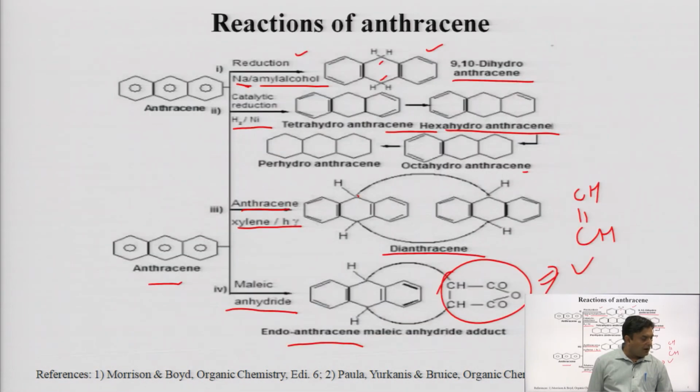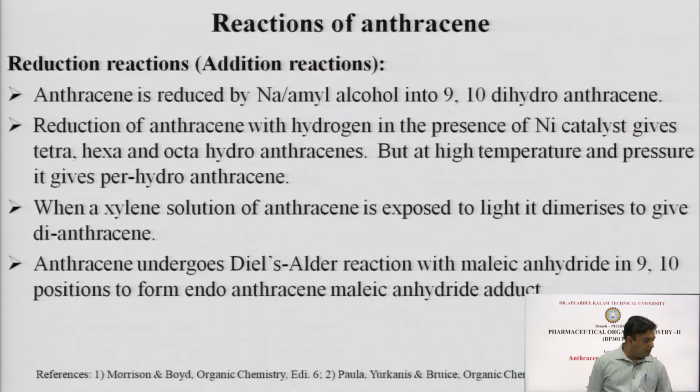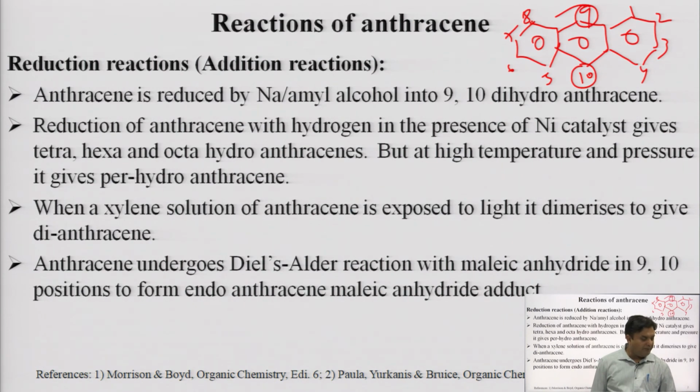Again, repeating some important points about the lecture, you can now summarize the whole reaction set. The main reactions of anthracene are oxidation, reduction and electrophilic substitution, and it can give other reactions also. In reduction, it can be reduced by sodium and amyl alcohol into 9,10 dihydroanthracene.